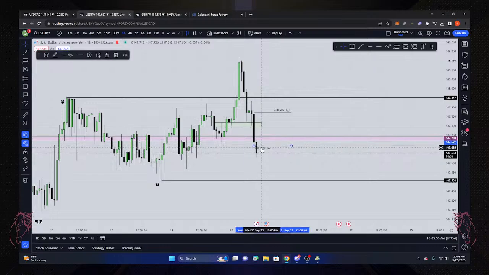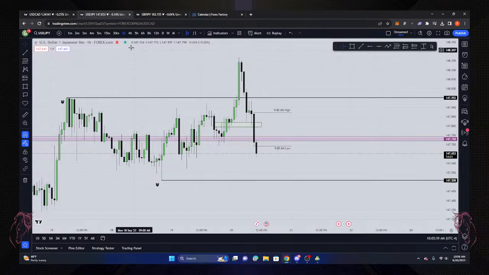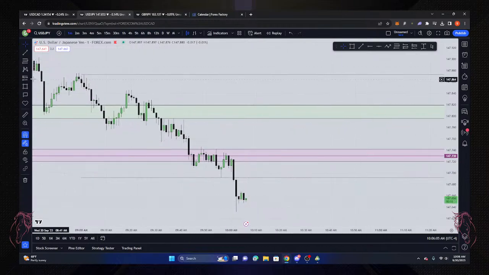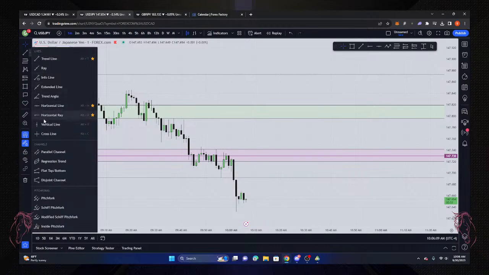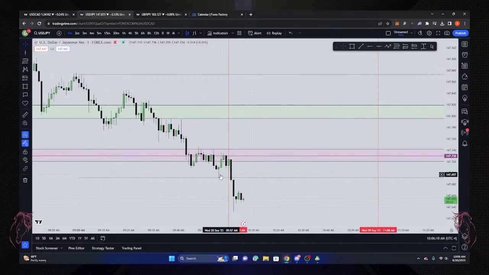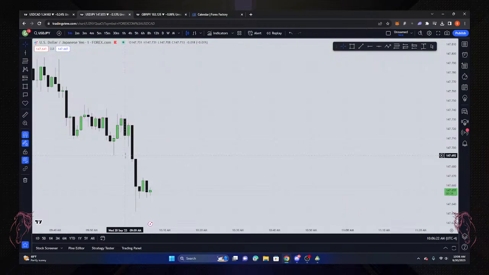Okay, let me move this to the right, like this. Okay, 1 minute. This 9 a.m. high, 9 a.m. low. Let's see the kill zone, 10 a.m. to 11 a.m. So price broke through this structure, create a fair value gap right here.